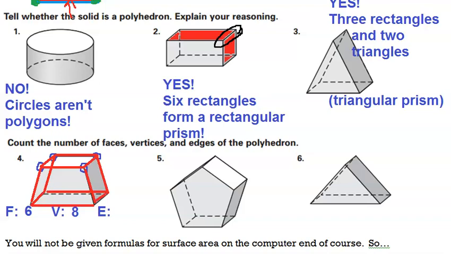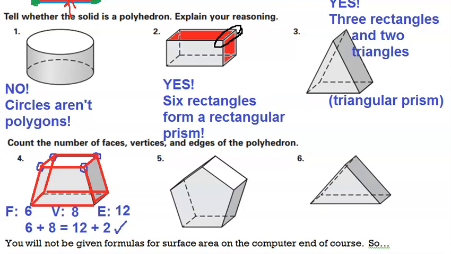So the edges were actually 12. Now let's double check our work with Euler's formula. Faces plus vertices equals edges plus 2. 6 plus 8 equals 12 plus 2. That is a check. It totally worked.